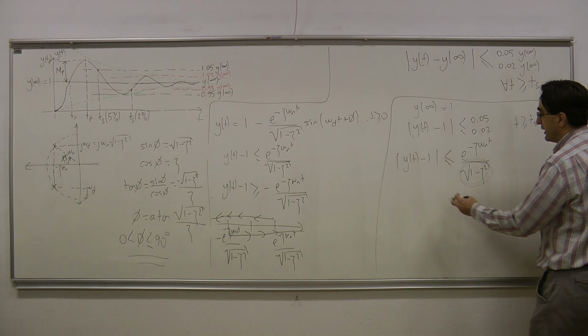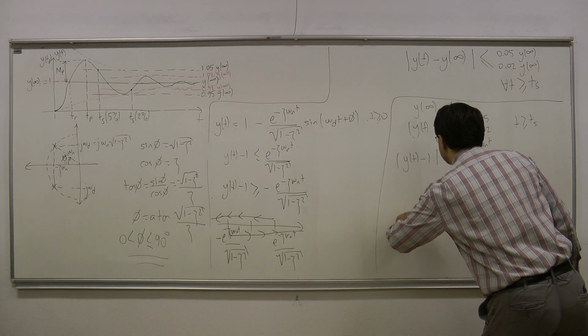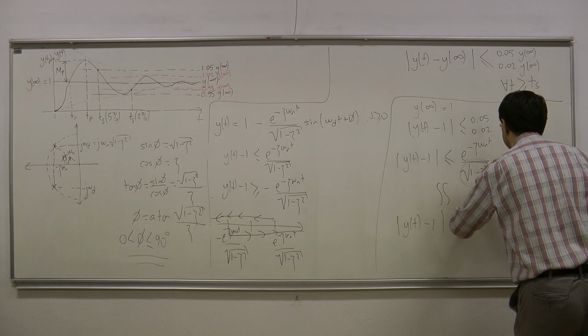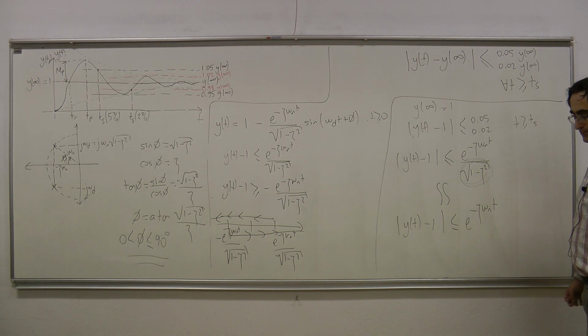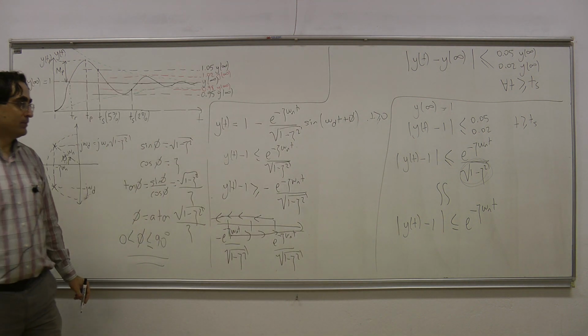So now instead of writing this one, I'm going to write an approximate inequality, t minus 1, smaller than or equal to e to the minus psi omega n t. So we have this approximate inequality.